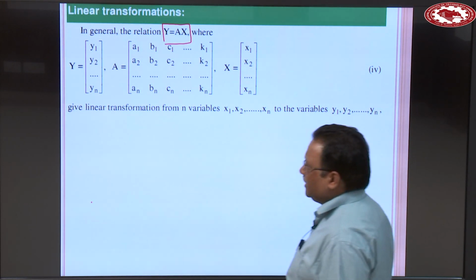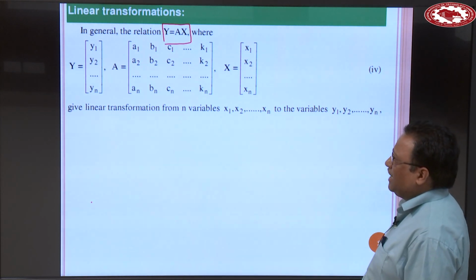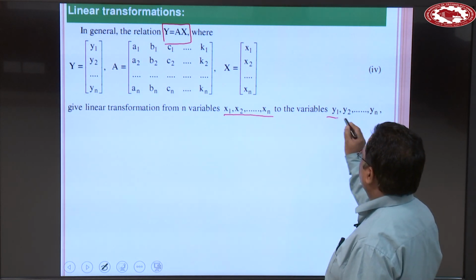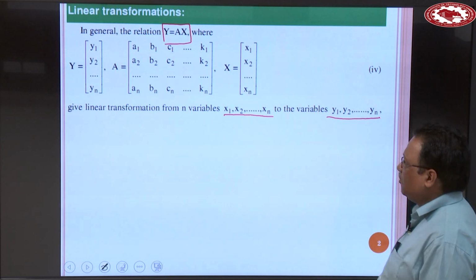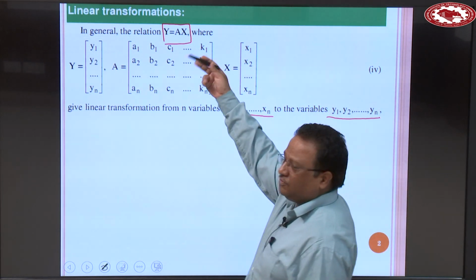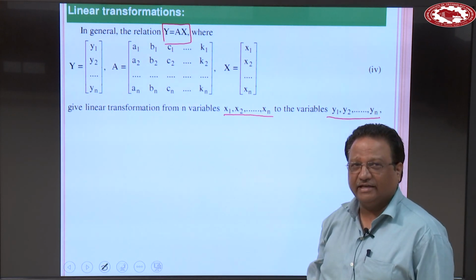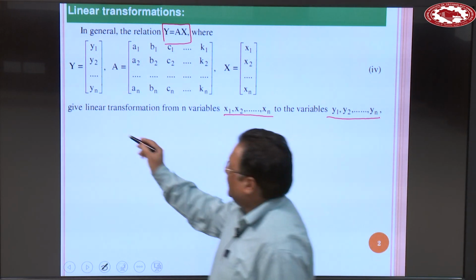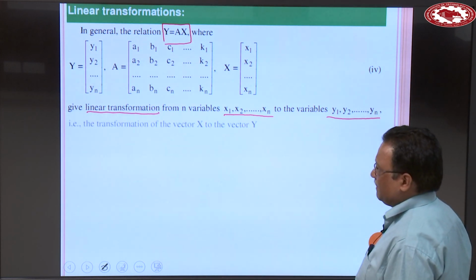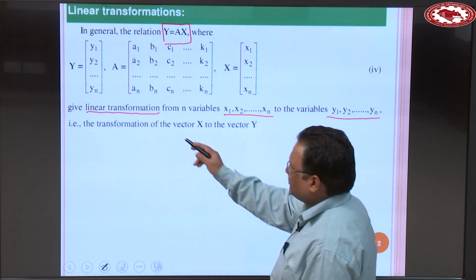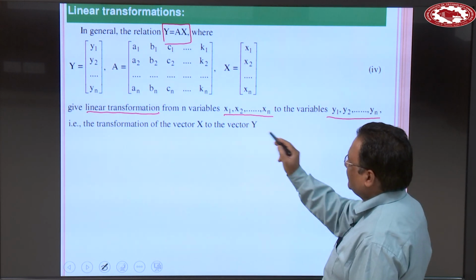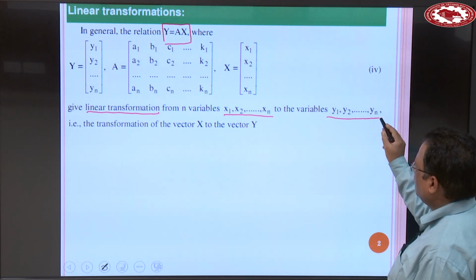This gives a linear transformation from n variables x1 x2 xn to the variables y1 y2 yn. This type of relation y is equal to ax is known as a linear transformation, that is, the transformation of the vector x, meaning x1 x2 xn, to the vector y, meaning y1 y2 yn.